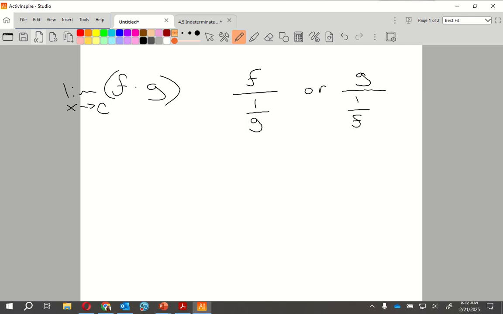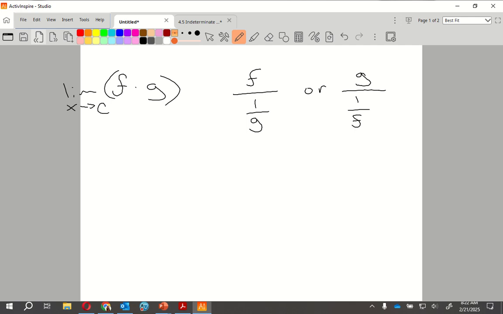All the time when I say we need to multiply by the reciprocal, that's the same thing. So now we're making it into the reciprocal, so it's the same as f times g.